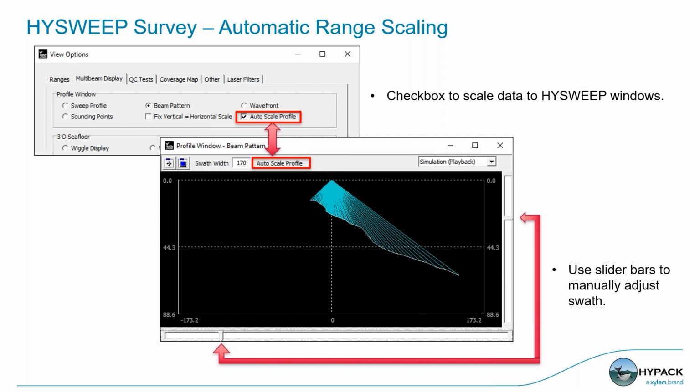Now we could say, hey, click on that auto scale profile, and it will auto scale what the data is, and no longer will we have the no data but no errors. So hopefully this is a welcome addition to HYSweep survey.